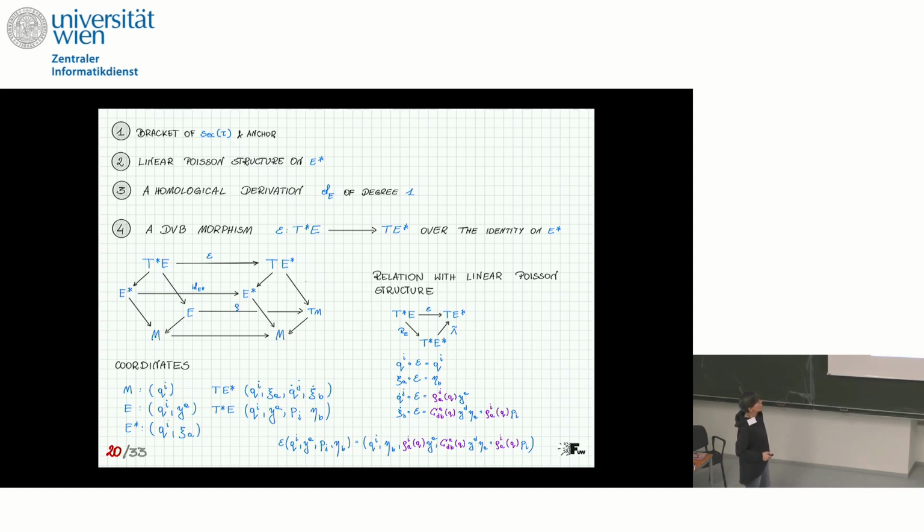If we want to use coordinates, of course, we can do it. And then as a map, it will contain some information about the anchor here, and it will contain so-called structure functions for the bracket, and the fact that it is antisymmetric is reflected in the fact that here and here we have essentially the same matrix.